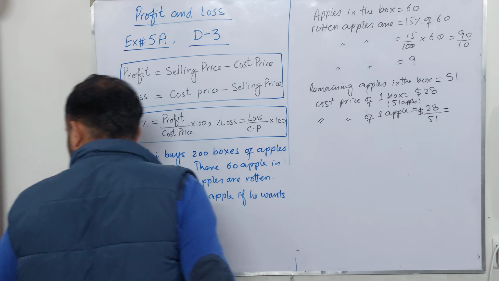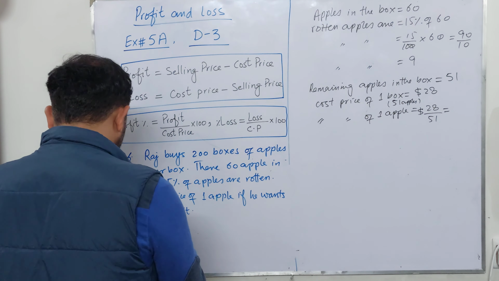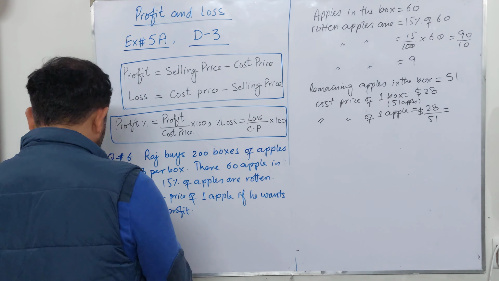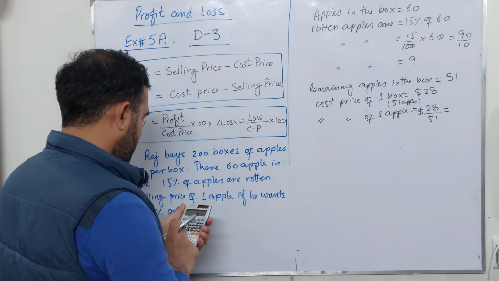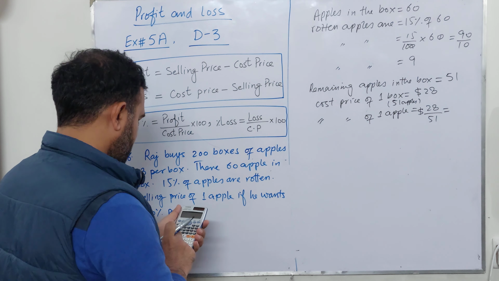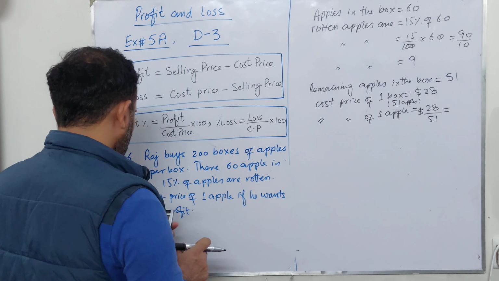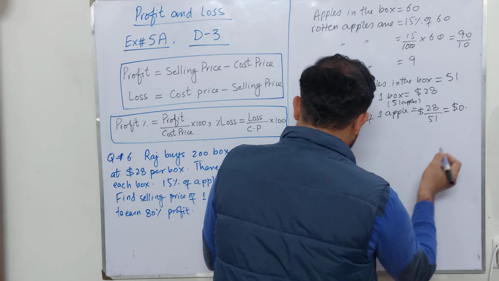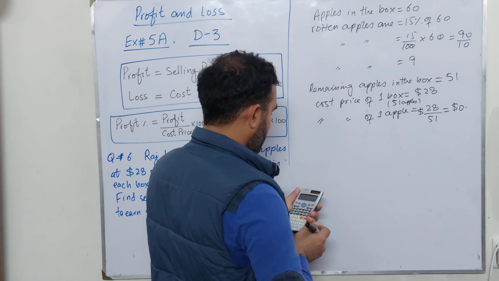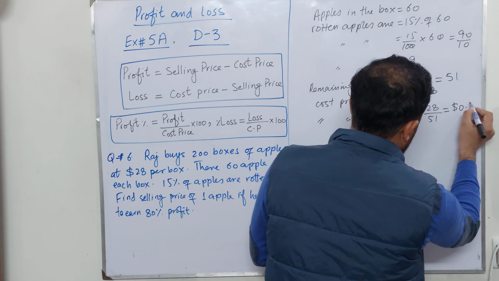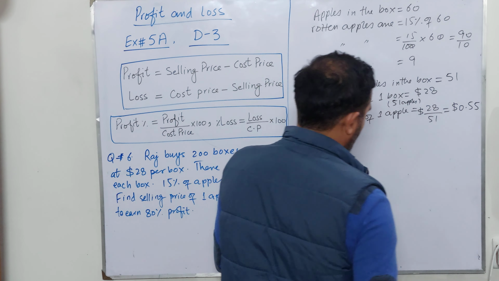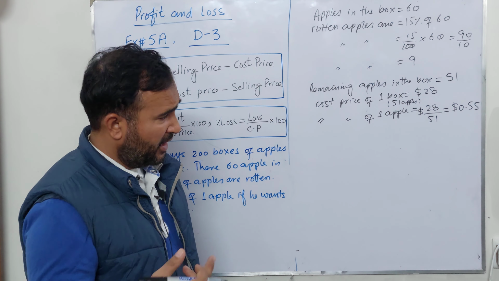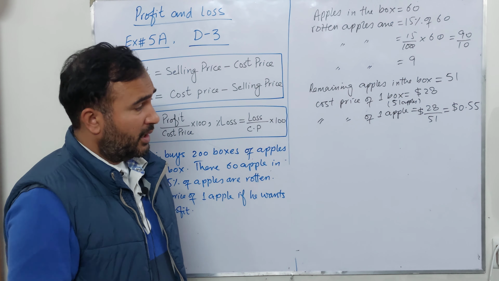And which is equal to 28 by 51. So it's 0.549, so $0.55. Okay, and now we need to find the selling price if he wants to earn a profit of 80%.